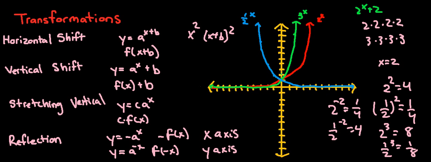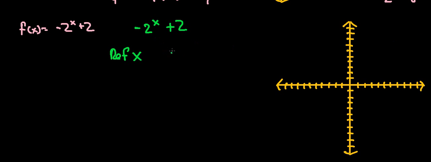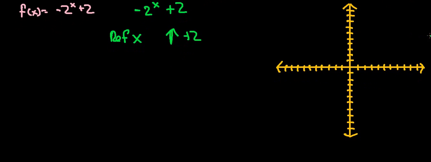So this graph would be shifted up 2 units, like that. So a vertical shift of plus 2. Those are the only 2 transformations taking place. Now that I know both transformations, I can graph it.